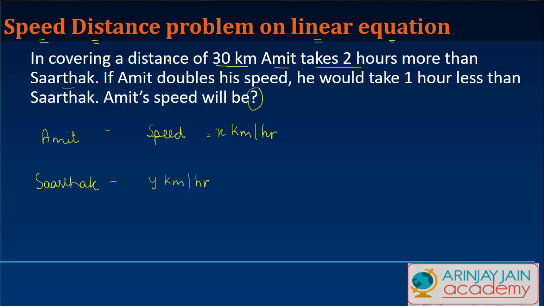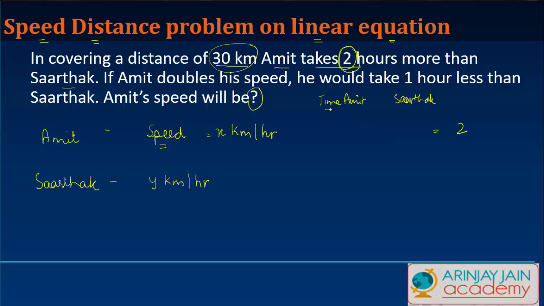You are told that Amit takes 2 hours more than Sarthak to cover 30 kilometers. Now what we are given here is the time factor. This is speed. What is the distance? The distance is 30 kilometers. So the difference between the time of Amit and the time of Sarthak is equal to 2 hours.